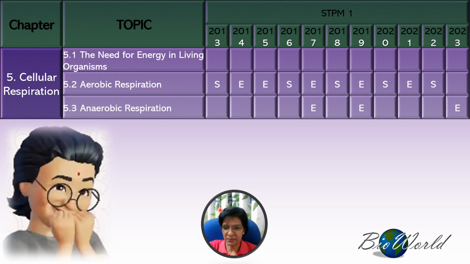Now, the good news about chapter 5, frankly speaking, both chapter 5 and 6, in my opinion, is the most challenging in STPM 1. But you see, chapter 5 was tested last year, the part on anaerobic respiration. So that means what is left is 5.1 and 5.2, and 5.1 has never ever been tested.